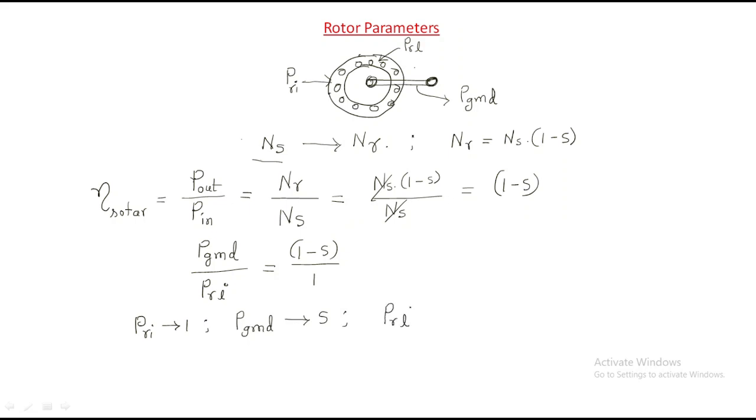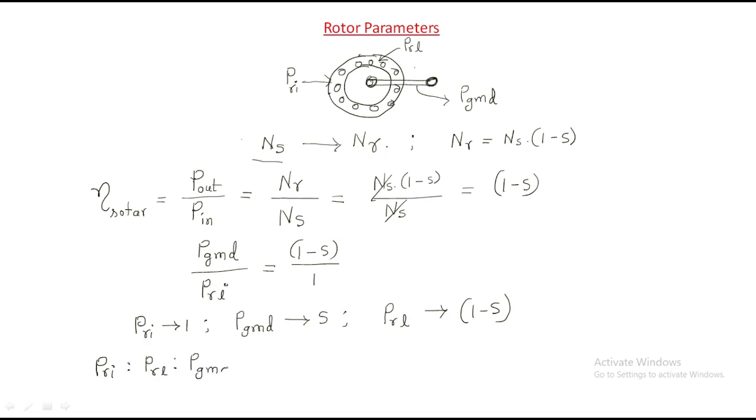Rotor loss is nothing but input minus output, so it is S. This is the relation between the rotor input, rotor loss and rotor output.